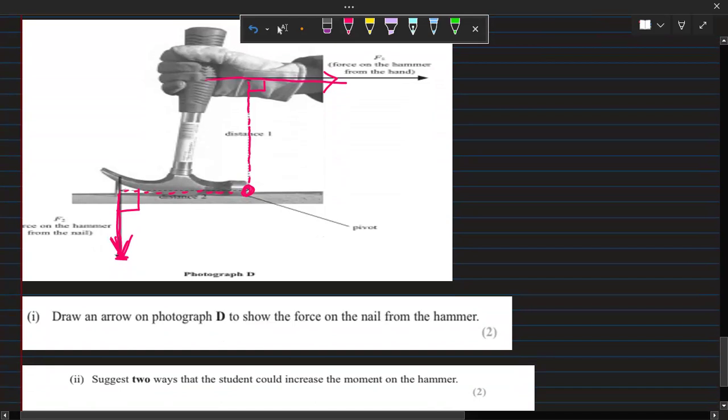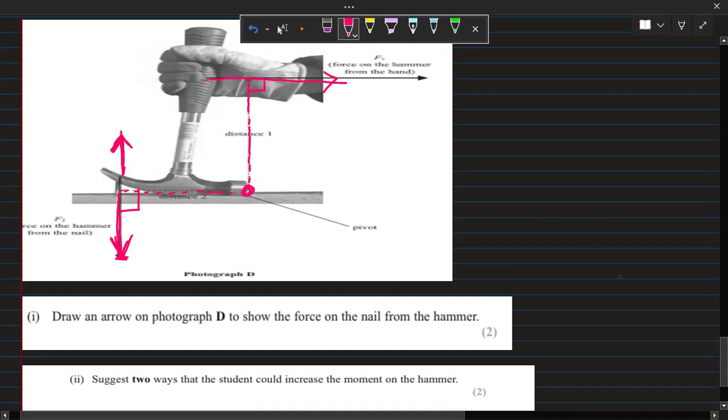Now, draw an arrow on photograph B to show the forces on the nail from the hammer. Forces on the nail. So this is going to be the force from the hammer, right? Because when you apply the force on this hammer, ultimately the cause of that force makes this nail rise in this direction, right? Because the force is acting in this direction.